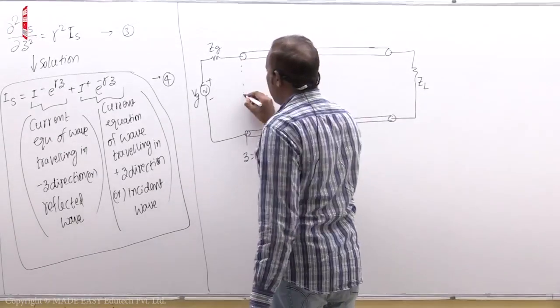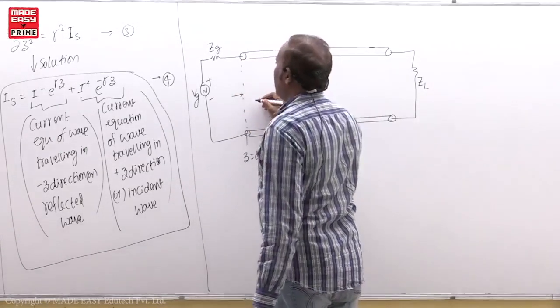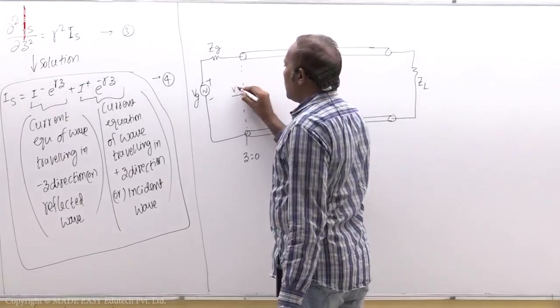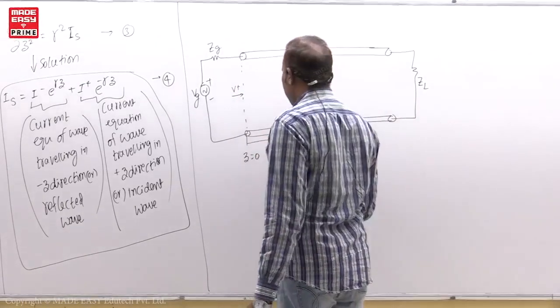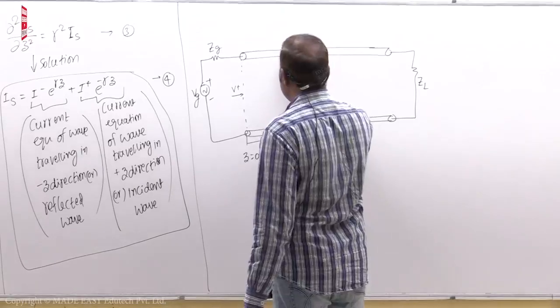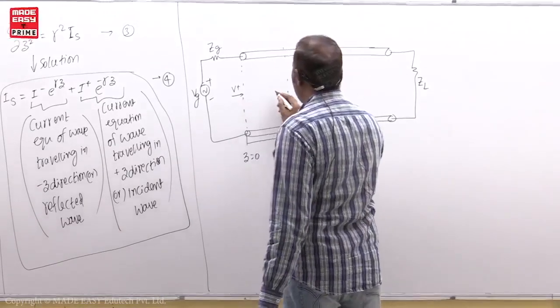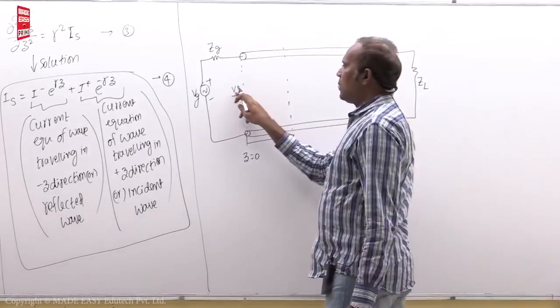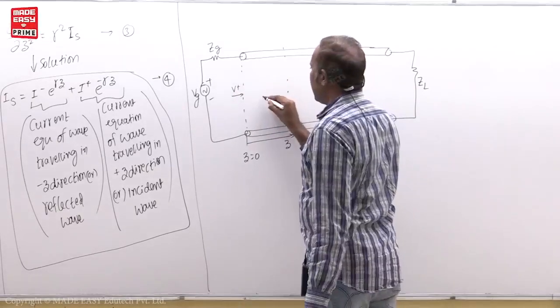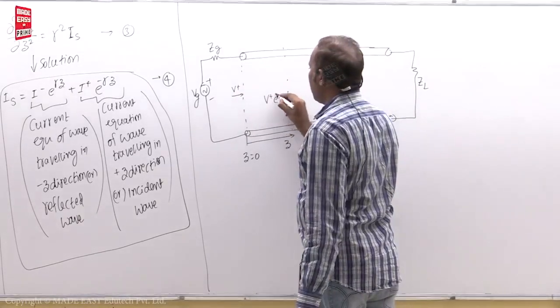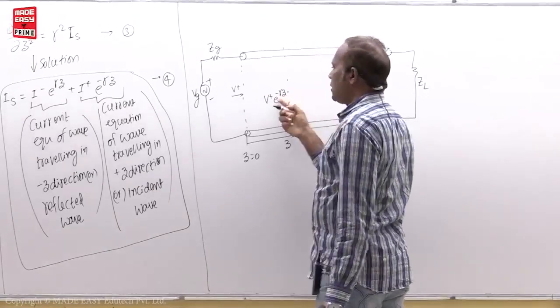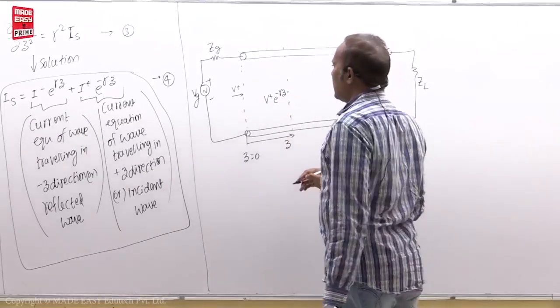Okay, at z = 0, the initial value of the incident voltage is V plus. Then at z distance, because in the wave traveling direction this value decreases, decrease means V⁺ e^(−γz). Decrease means an exponential minus should be there.